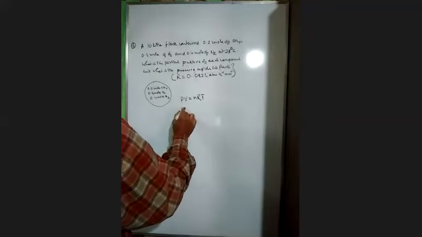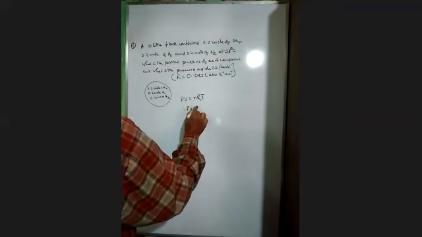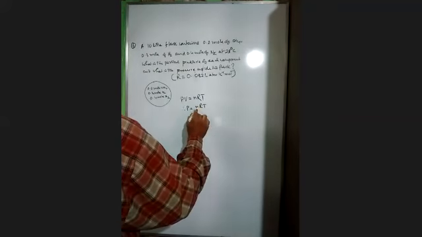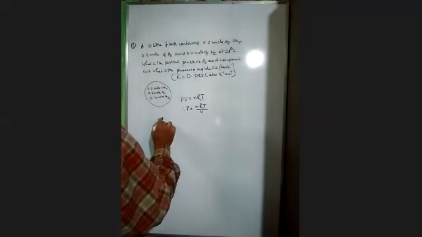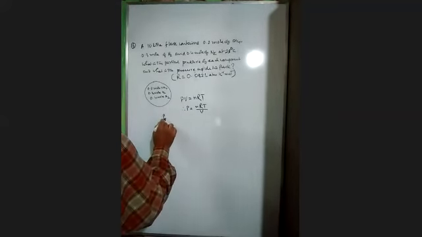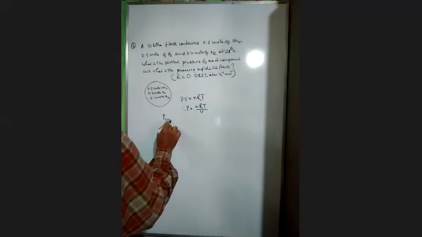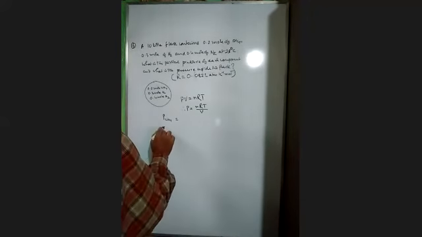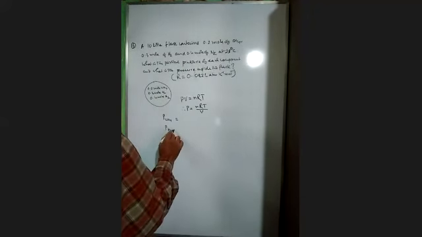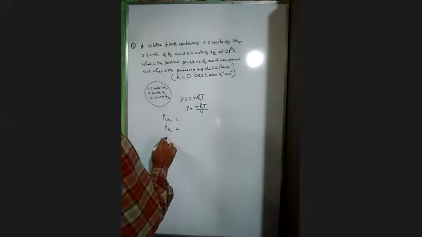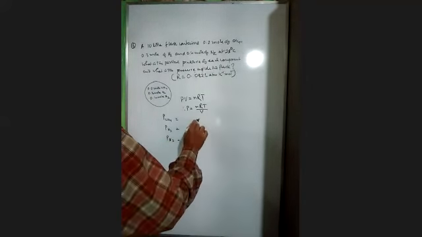So therefore P is equal to nRT by V. Now you calculate here PCH4, then you calculate here PH2, then you calculate here PN2. Find all of them.